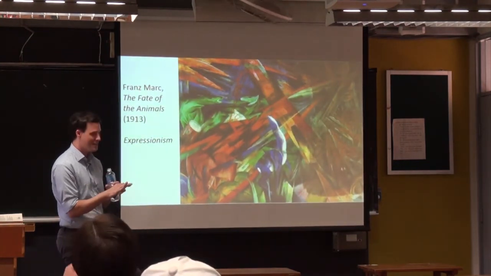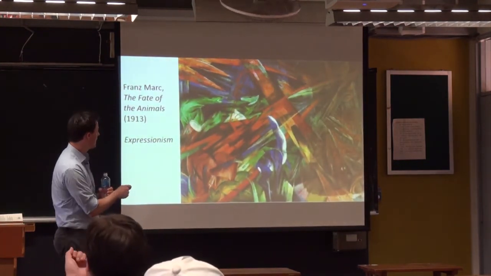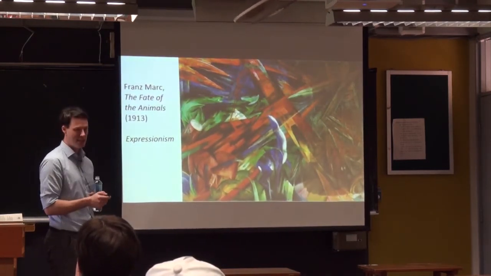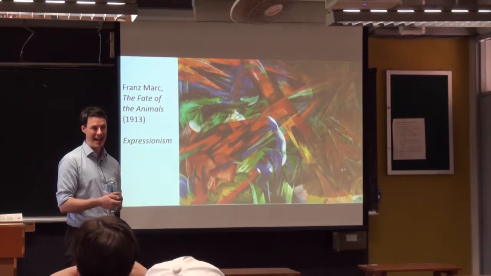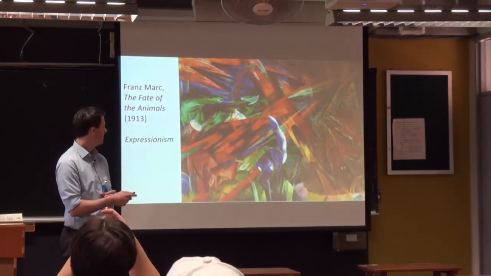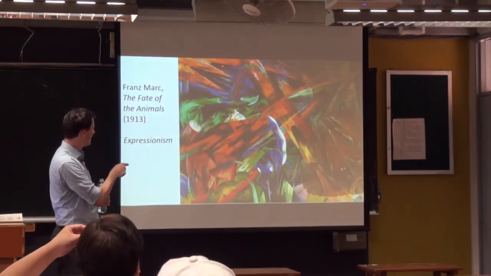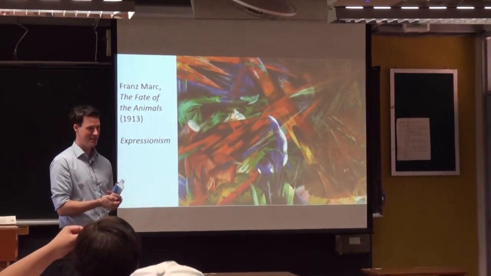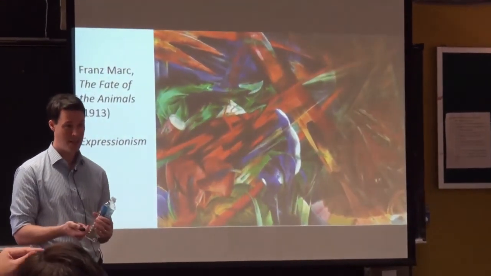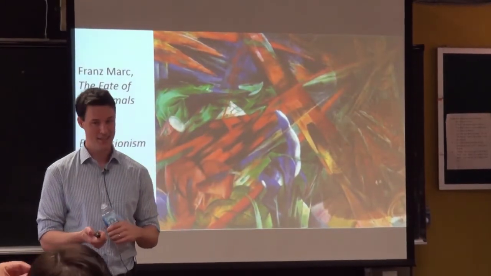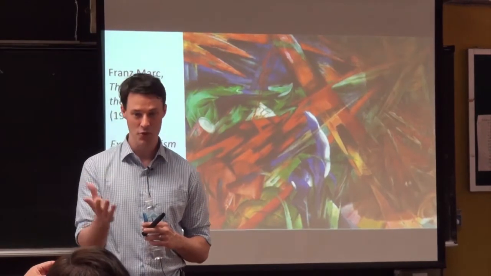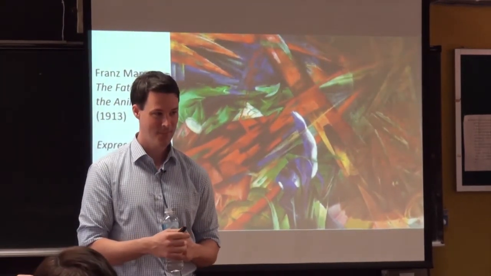But aside from these animals, the rest of the painting is very abstract, right? Like, what is this? What is that? Is it flame? Is it someone shooting a gun, an explosion, a bomb?